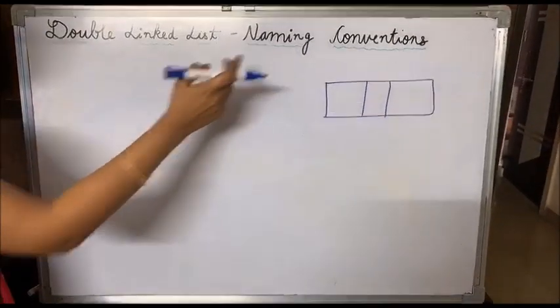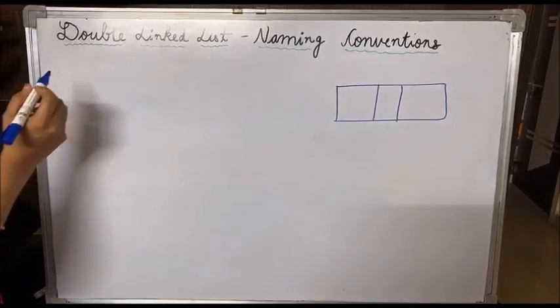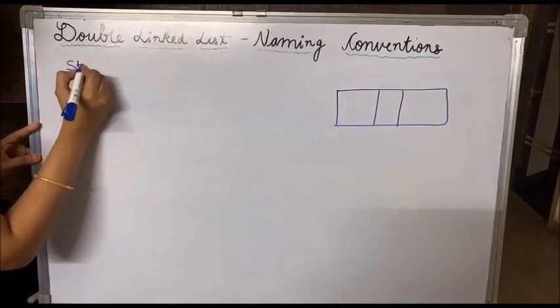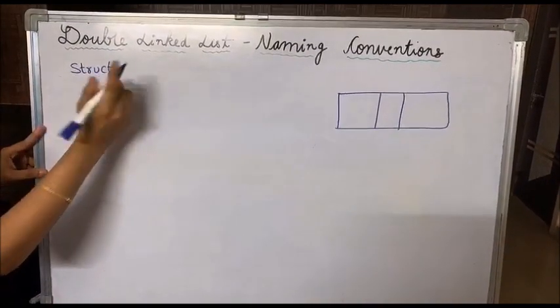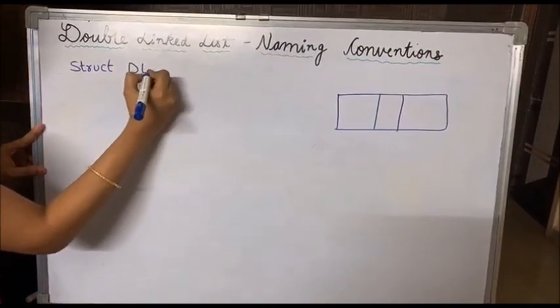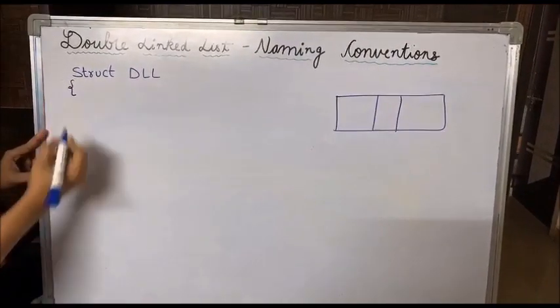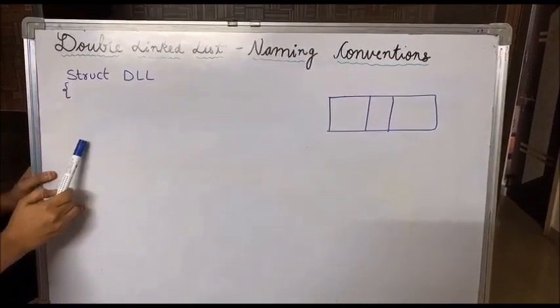Before going into naming conventions, I will explain how to declare a structure for double linked list. For that I am using the keyword struct. The name of the linked list is, say, DLL. You can give any name here. In single linked list we have just 2 fields, so I declared 2 types.